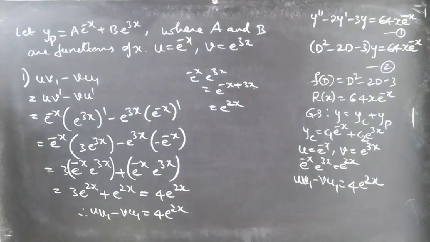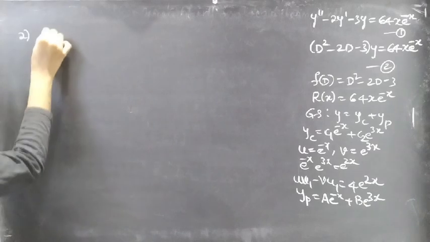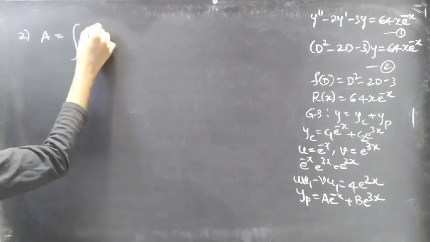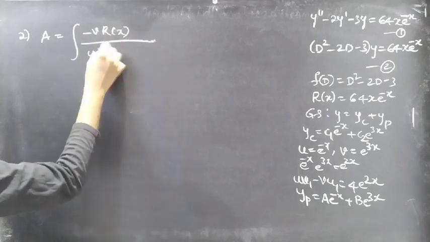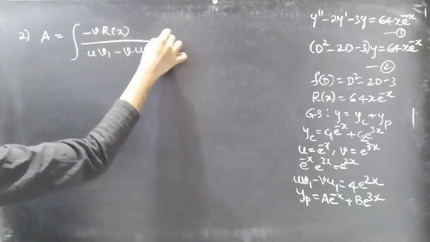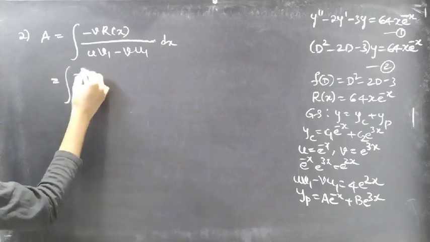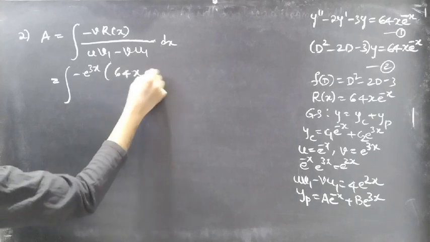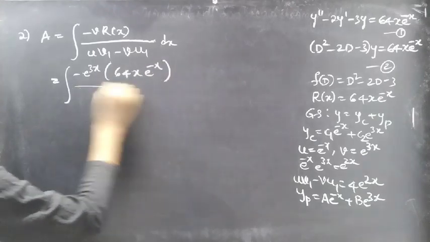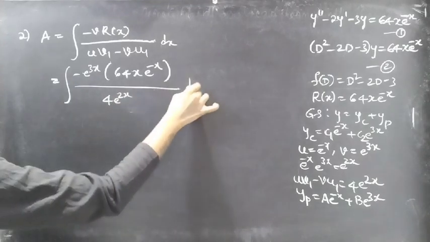Now coming to A, it is given by the integral of minus v into r of x by uv1 minus v1. This is equal to the integral of minus v, which is e power 3x, into r of x, which is 64 x e power minus x, by uv1 minus v1, which is 4 e power 2x, dx.